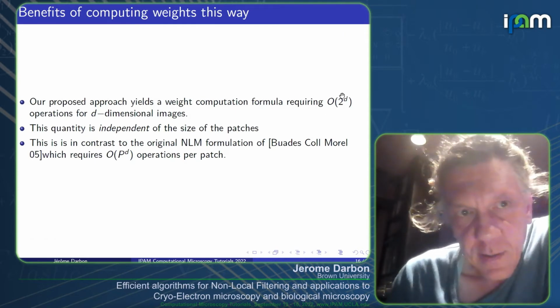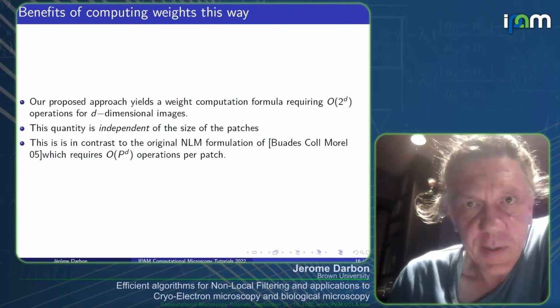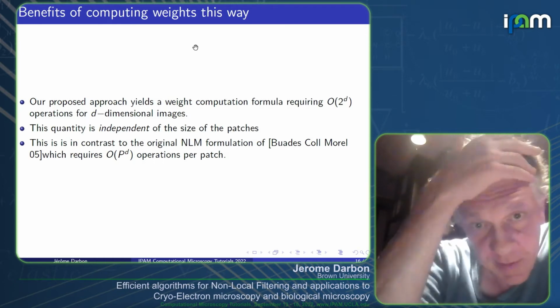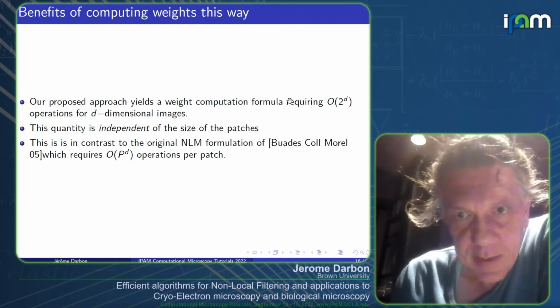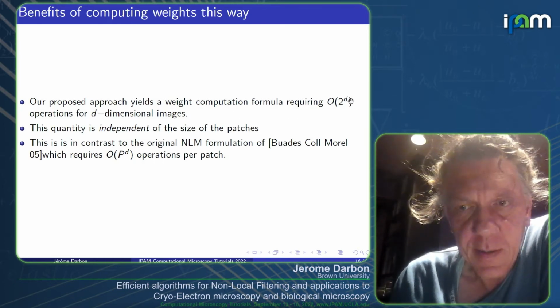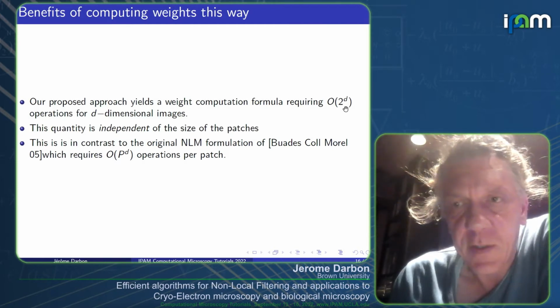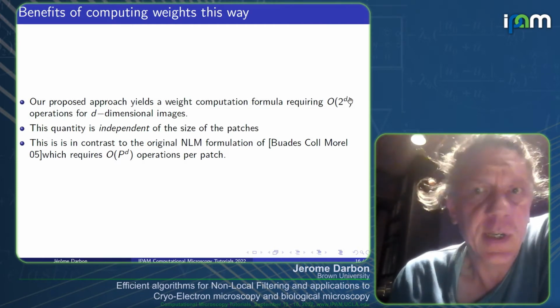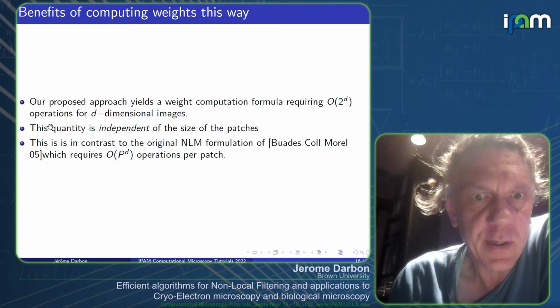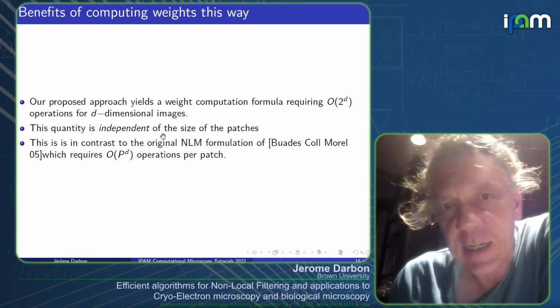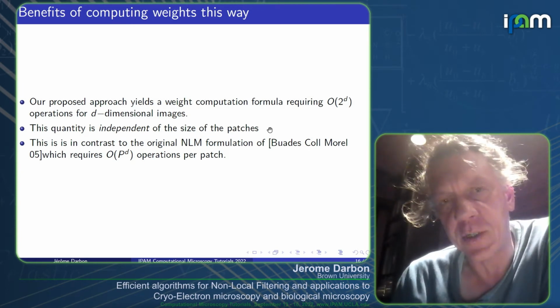So what is the main upshot of computing data this way? What we get is that what we need to do is 2 power d operations in this new formulation, and that quantity is independent of the size of the patch.